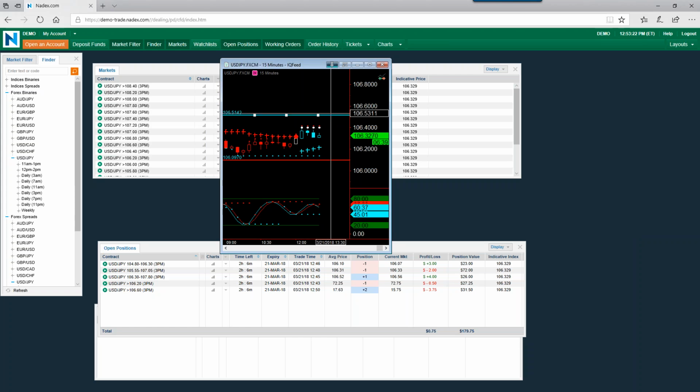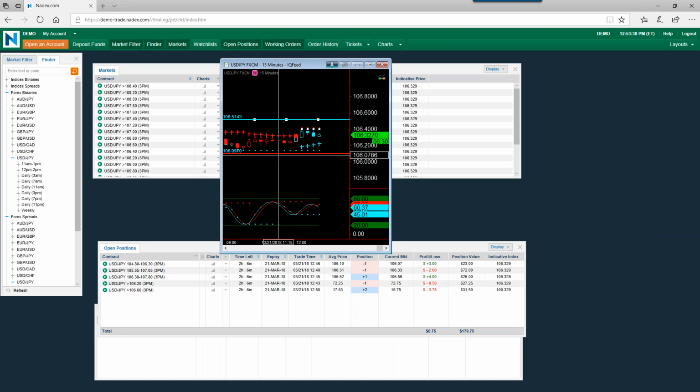Okay, so anything above this line, if it expires in the money, we have made a profit on the long. Anything below the red line, provided it expires below that red line, would be profit, okay? Now the risk on both would be right at about $44, okay?